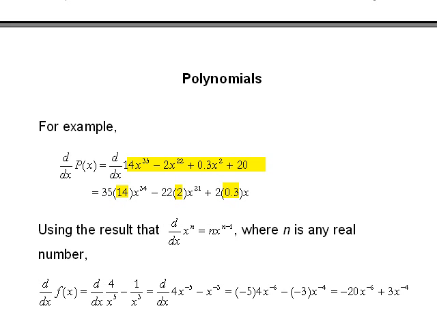I take the derivative of x to the 35th, the 35 comes out in front, the 35 turns into a 34 because it decreases by 1. This 22 comes out in front, multiplying the 2. The 22 turns into a 21. Now here, the 2 comes out in front on the squared term. The 2 turns into a 1, which is invisible and I don't have to write it. And the derivative of the constant 20 is 0.